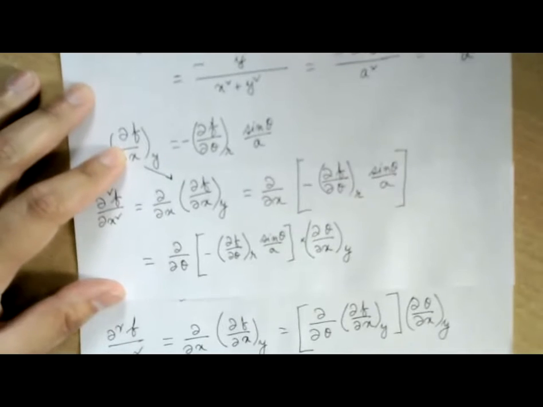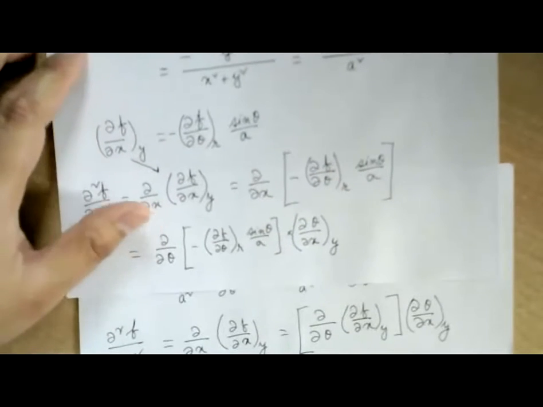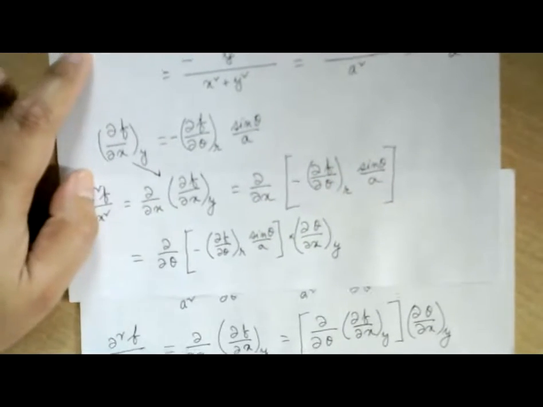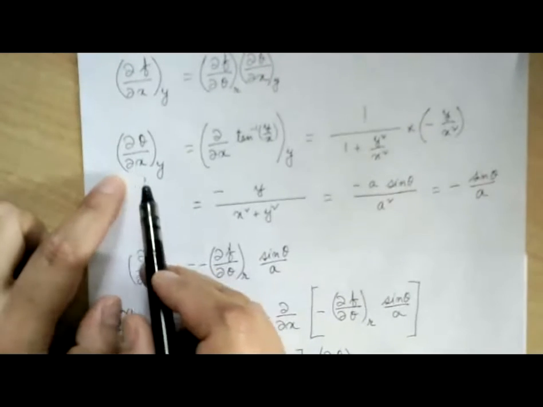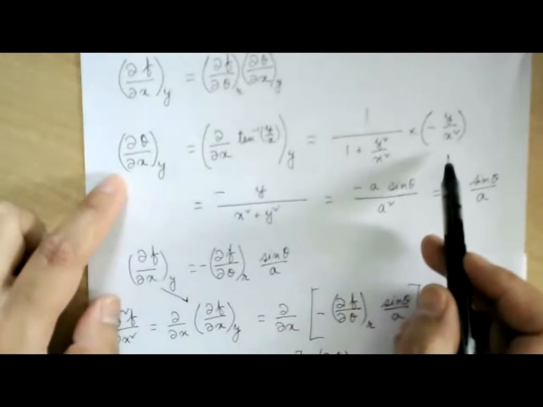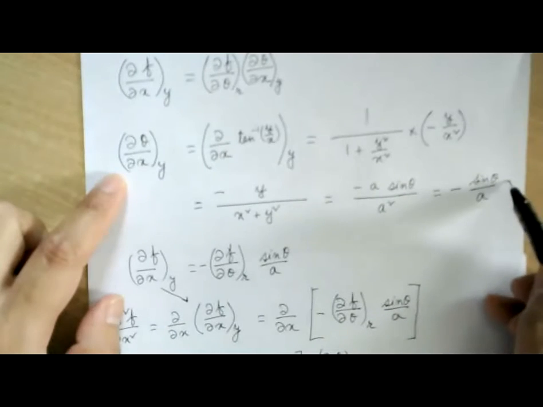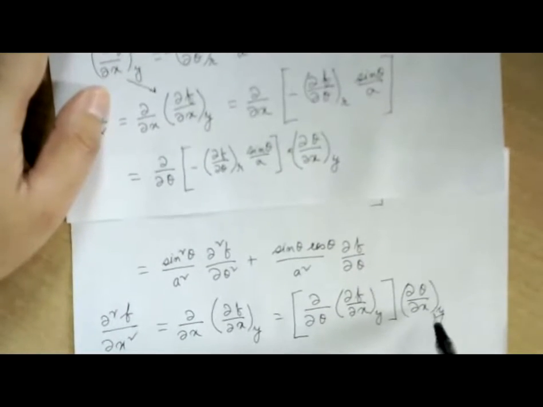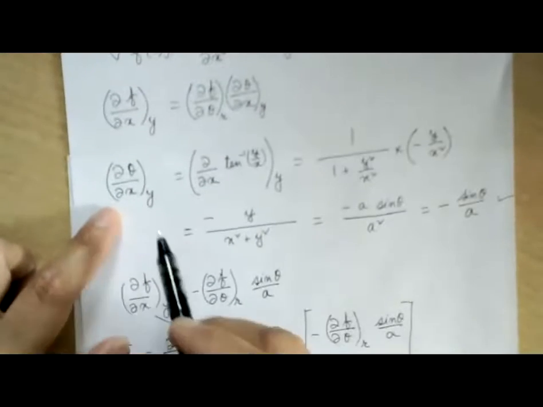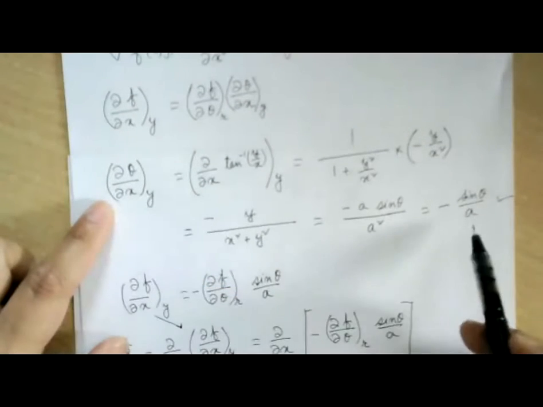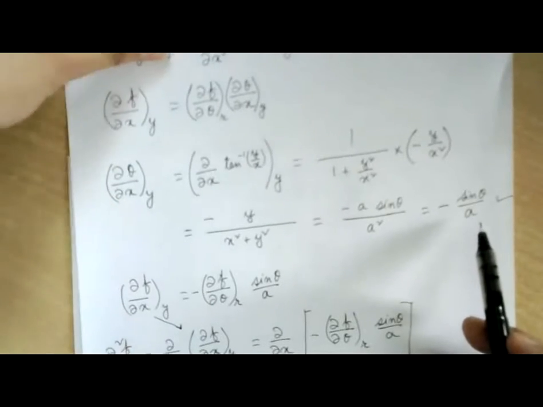Del theta by del x is given by minus sine theta by a.